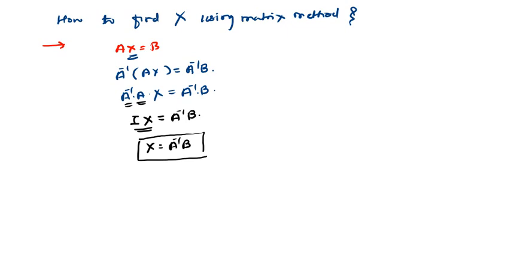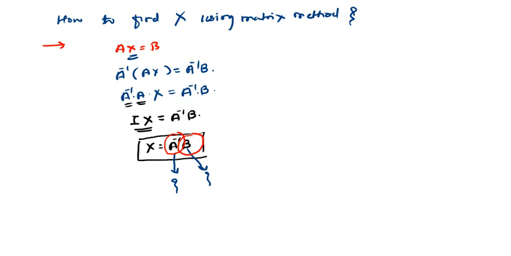Okay, so to find this matrix of unknowns X, we must know what this value is and what this value is. Now what is this? This is the inverse of the matrix A, and this is the matrix B which is given to us. So to find the matrix of unknowns, firstly from the given system of linear equations we will find the matrix A and the matrix of unknowns using the matrix method.